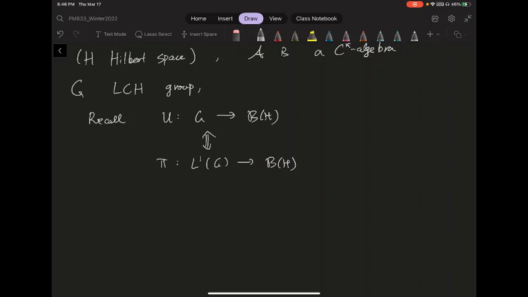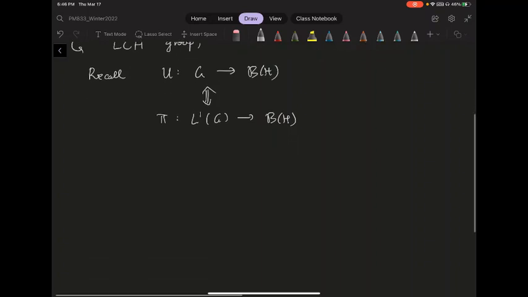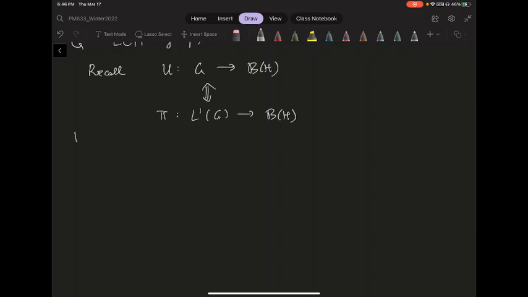So this way, you embed the L1 of G inside some B of H, and that's where you can build your C-star algebra, because C-star algebras are essentially subspaces of B of H. So what you can do is say, well, let's just pretend the L1 is inside this B of H. So for every f inside the L1 of G, you can define a norm.